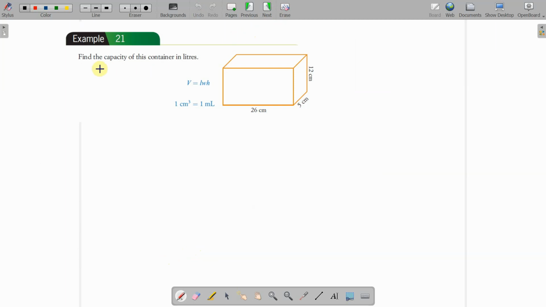Next one. Another skill in this section is to convert the volume of a container to its capacity. You have to show the working. For this one, a rectangular prism, 26 times 5 times 12 will give us the volume.